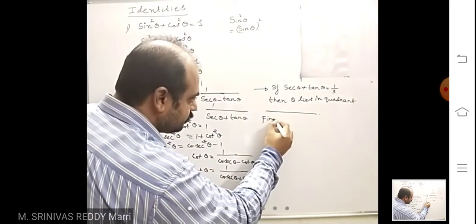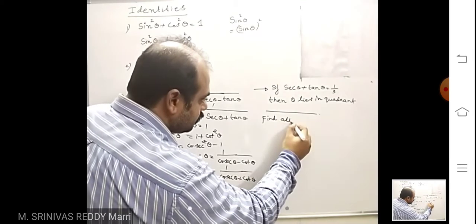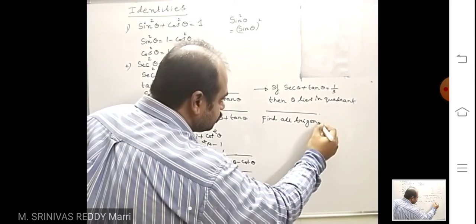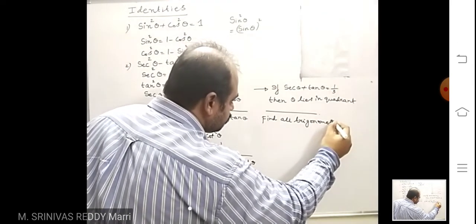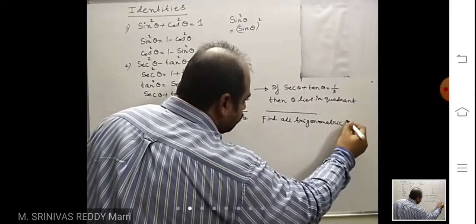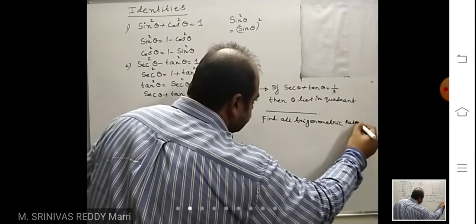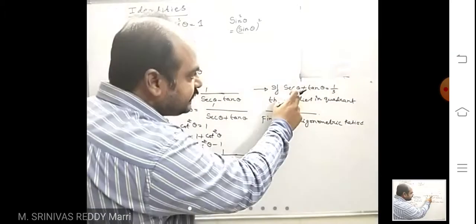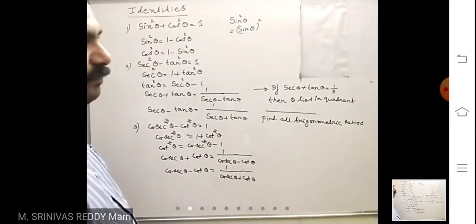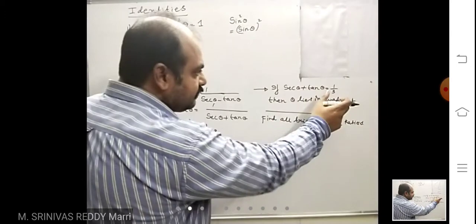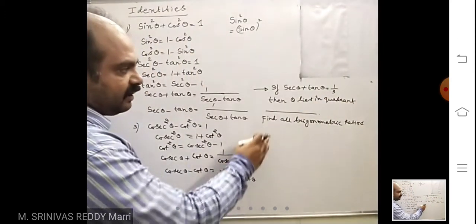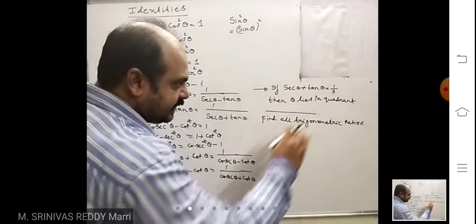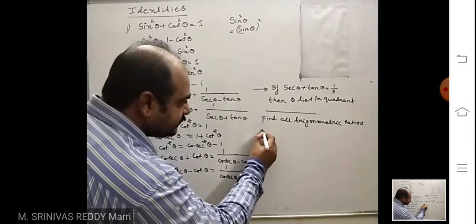Find all trigonometric ratios. Given that secant theta plus tan theta equals 1 by 3, theta lies in which quadrant, and also you have to find sin theta, cos theta, tan theta, cot theta, secant theta, cosecant theta. Look at the problem.